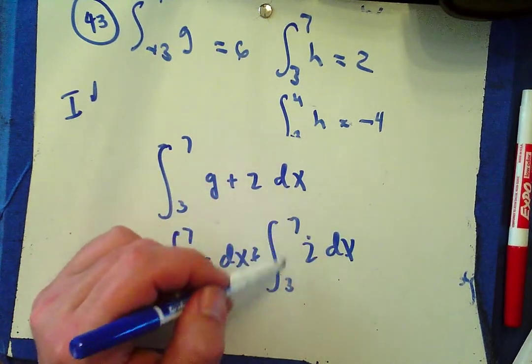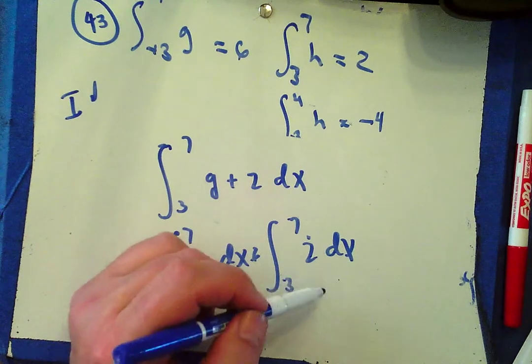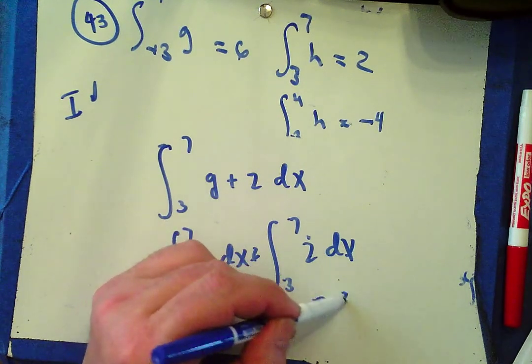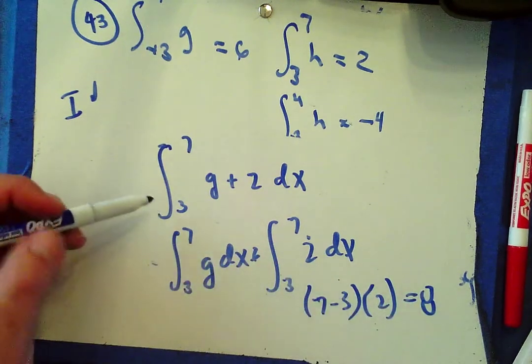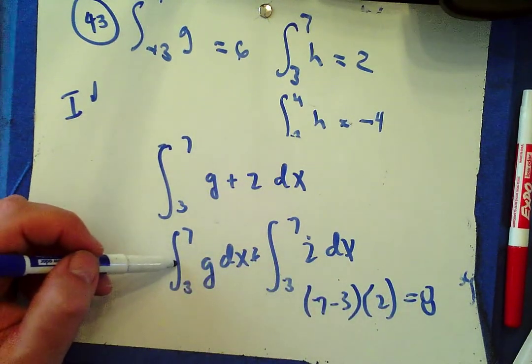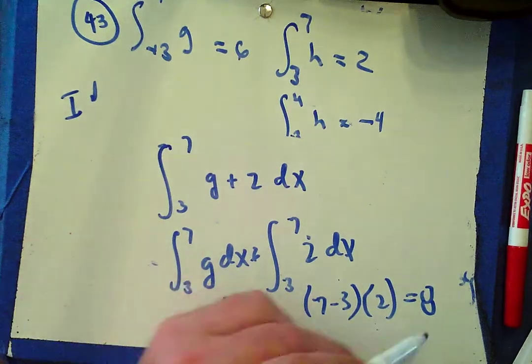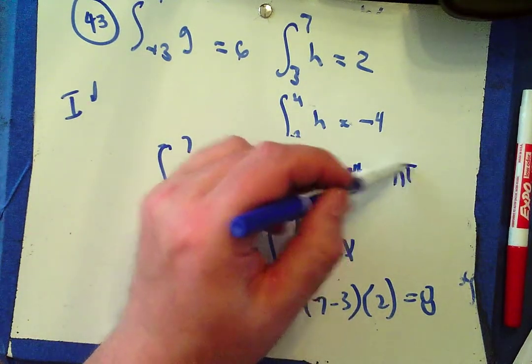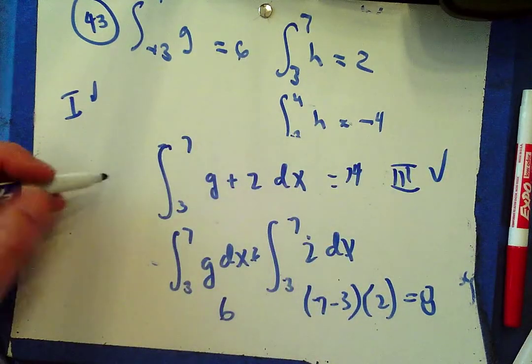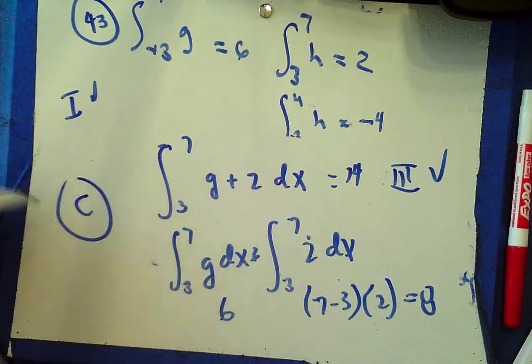We know that b minus a times the constant, so we've got 7 minus 3 times 2, or 8. And then here, we know that this value is 6, and so I get 6 plus 8 is 14, and that checks out as well. And so 1 and 3 only.